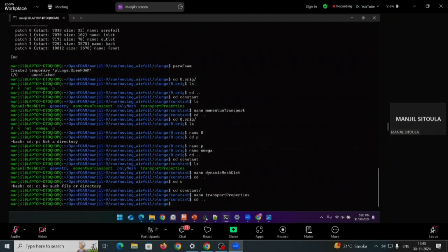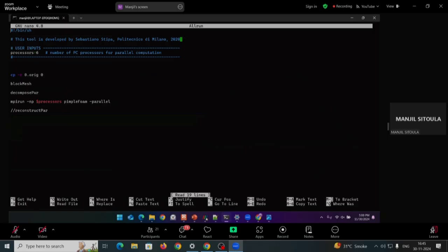Before that, let's see our Allrun file and the commands in it. We are first copying the original files to the 0 folder, where the initial boundary conditions will be stored. Then we run the blockMesh command and decomposePar, that is, decomposing the domain into subdomains.